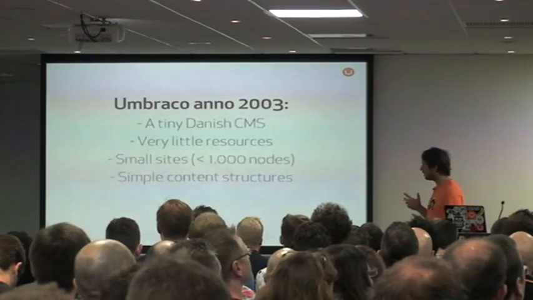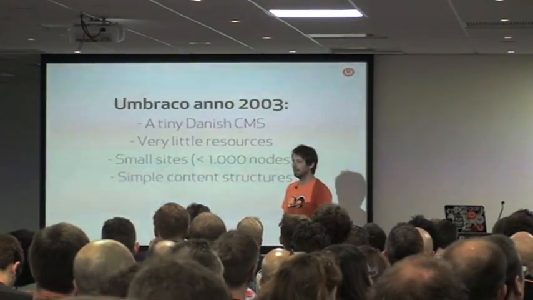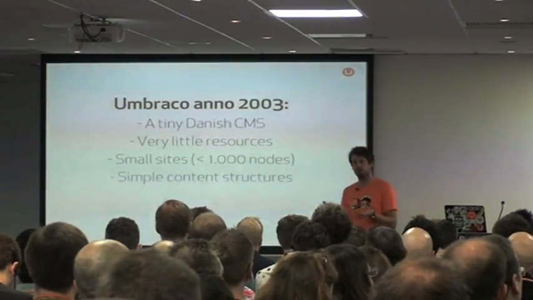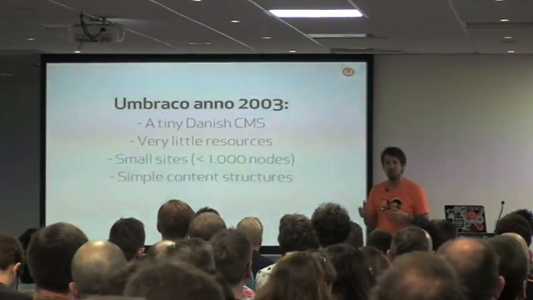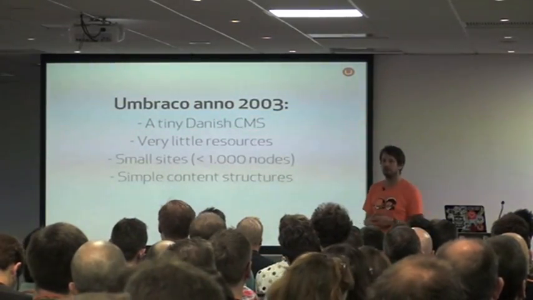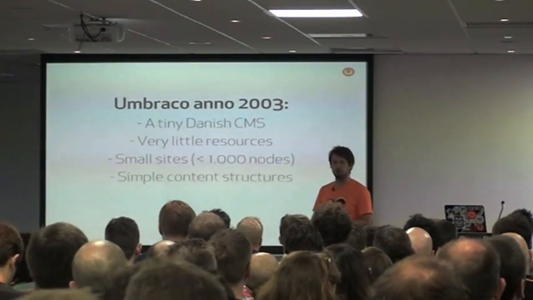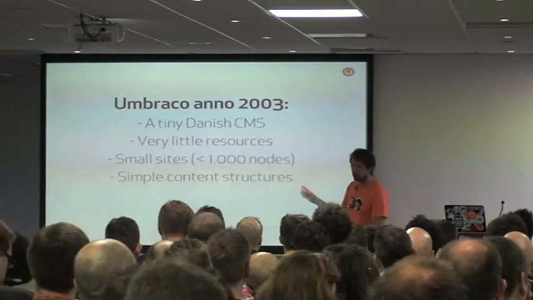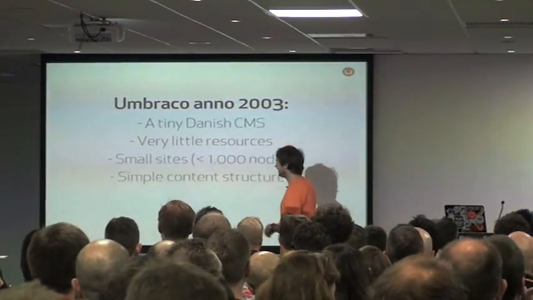And to sum up, in 2003, Umbraco was a tiny CMS. There weren't that many resources available. In the beginning it was only me. Later on, Kasper Bumbeck, who's now doing Chainbox, which some of you might know, came on board in 2004, when we started to make it open source. The type of sites Umbraco was running at that time was about 25, including demo sites.